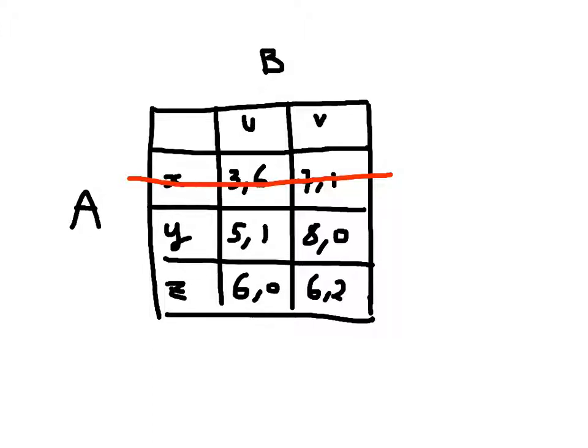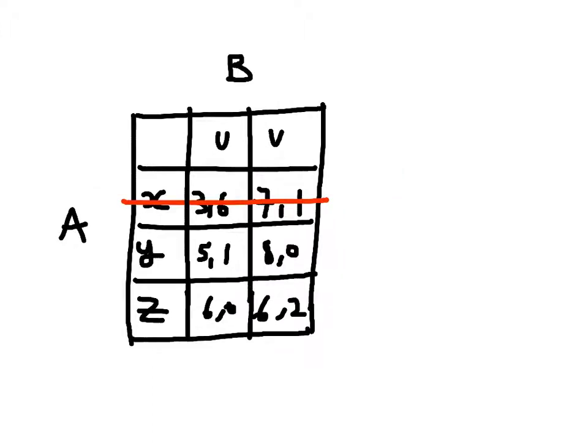Well, if A plays strategy Y, player B will want to play strategy U because 1 is greater than 0. So player B plays U. But if player A plays Z, player B will want to play V because 2 is greater than 0. So neither U nor V is a strictly dominated strategy, and the iterative deletion ends there.